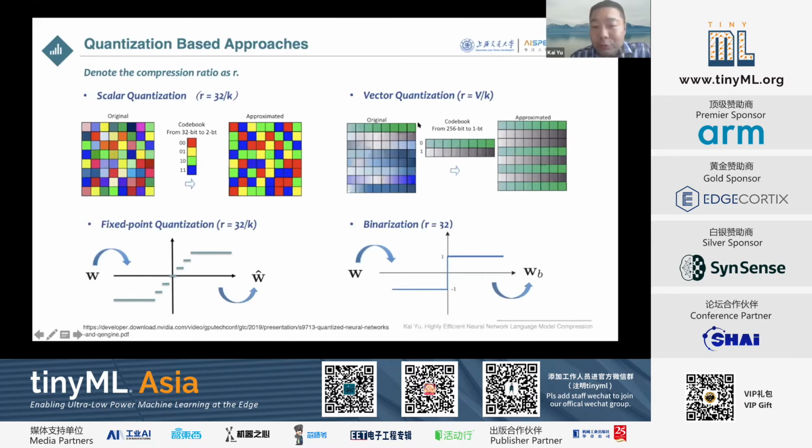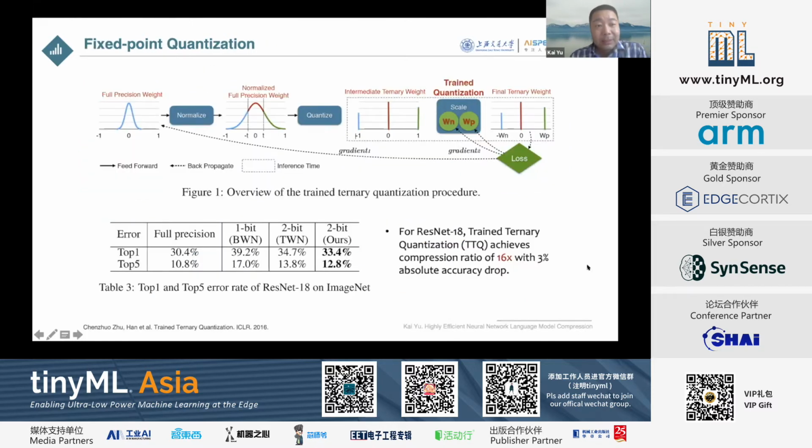If we do vector quantization, we can reduce the parameters even more than normal fixed point quantization. So how do we do fixed point quantization during training? Well, we can either do the quantization directly on the neural network, or we can do the quantization and then do some retraining to refine the performance.